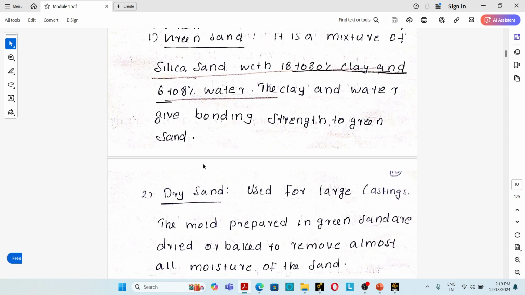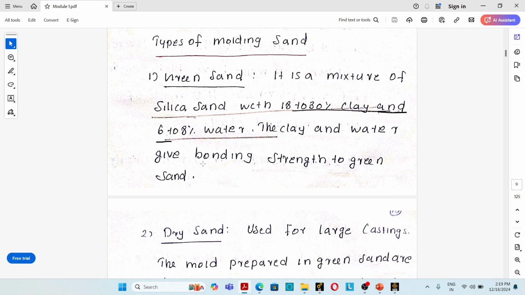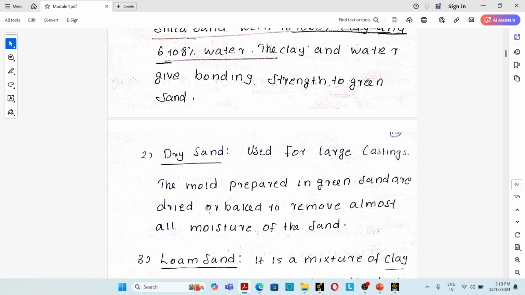First one, green sand. Green sand is a mixture of silica, clay and water. Clay and water provide the bonding strength to green sand. The most commonly used sand for sand casting mold making is green sand. Next one is dry sand.